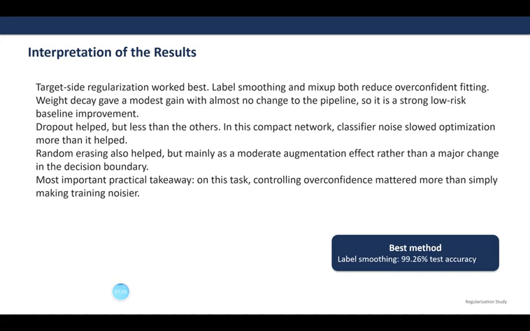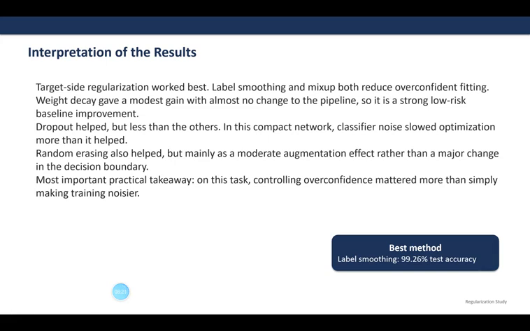That is why label smoothing performed best. It directly prevents the model from treating every training label as an absolutely certain target. Mixup also worked well for a similar reason. It smooths the decision boundary by forcing the model to behave sensibly between examples.